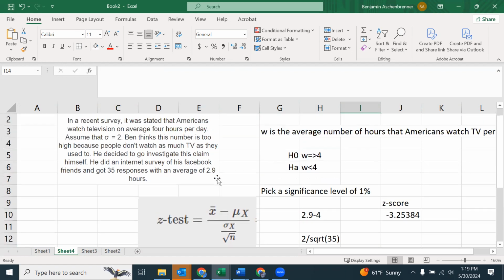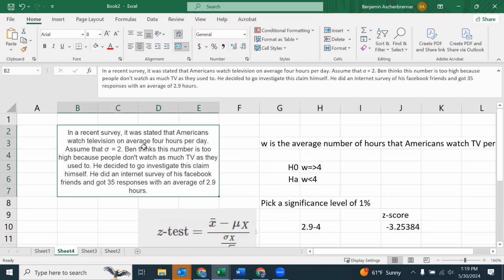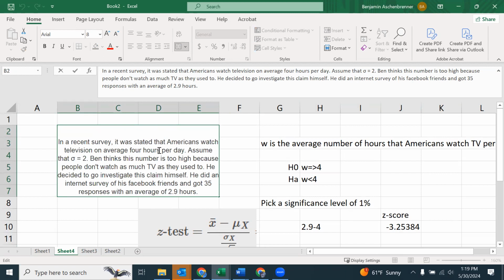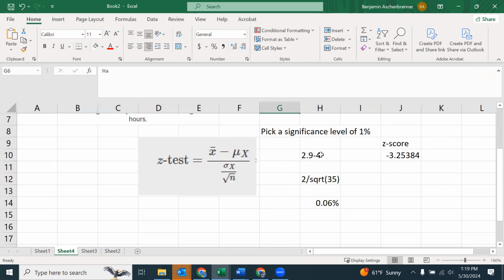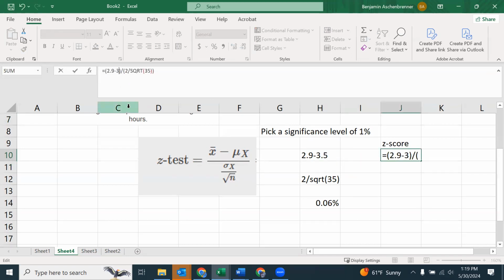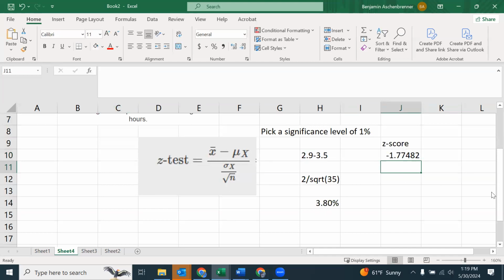So if I had started, say, with 3.5 hours per day, then what changes is the distance from the mean is not so great. And then this number becomes less strange. And now we're sitting at a 3.8% chance of that happening.